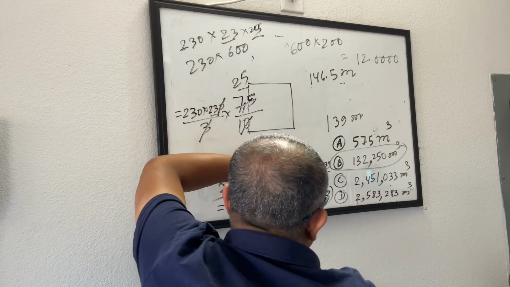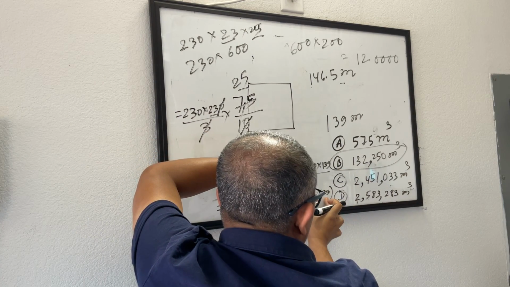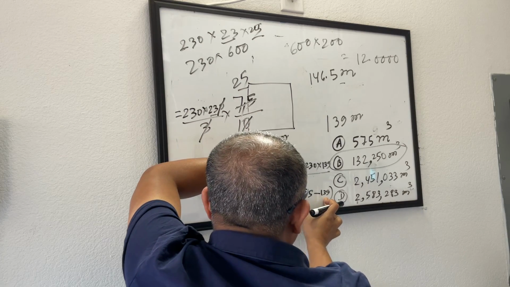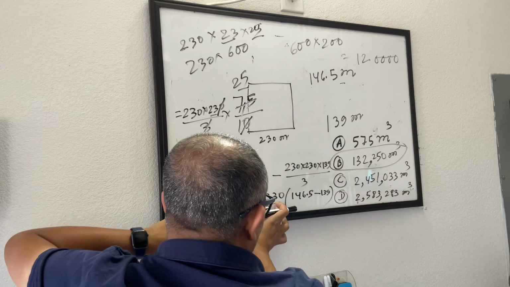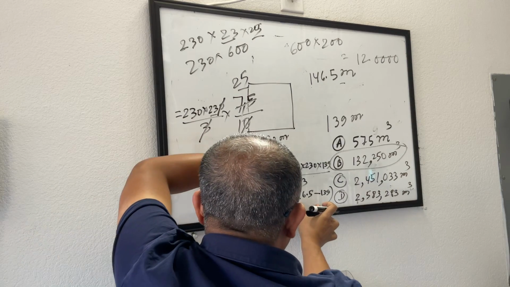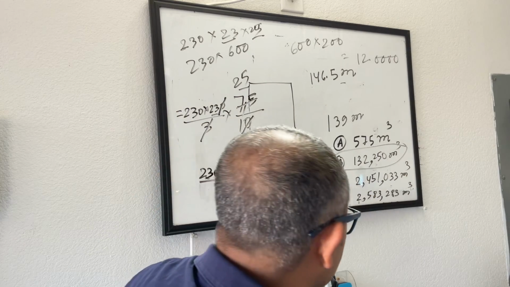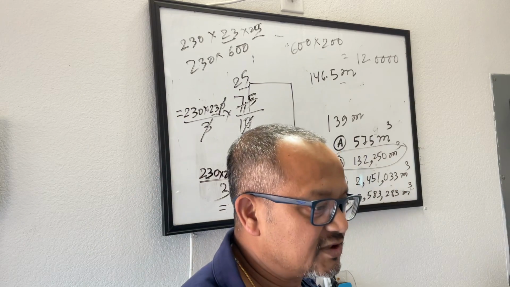This whole thing is multiplied by 7.5, so 7.5 by 3 is 2.5. You're multiplying 200 into 200, which gives you 400, by 2.5. That gives you somewhere close to this.